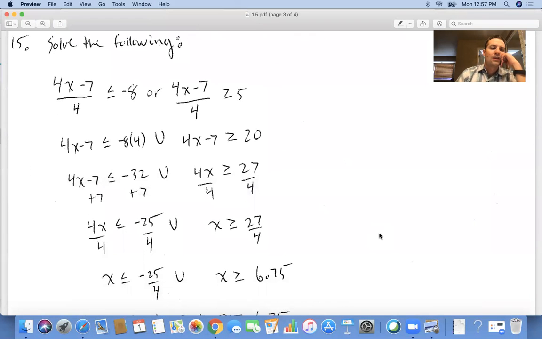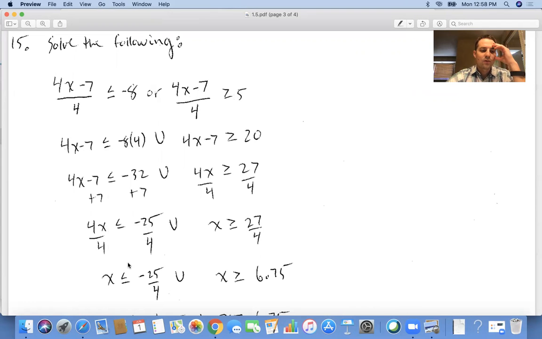So here it is: 4x minus 7 less than or equal to negative 8, or 4x minus 7 greater than or equal to 5 over 4. Each time, I multiplied 4 on both sides to get 4x minus 7 is less than or equal to negative 32, and then I added 7 on both sides. So 4x is less than or equal to negative 25.